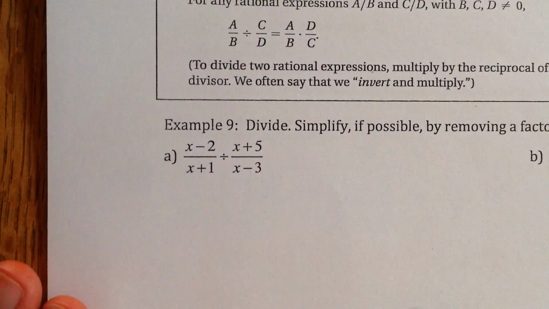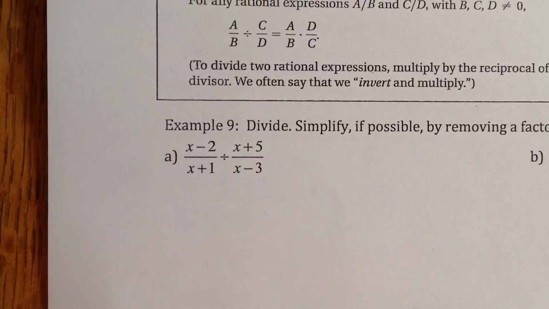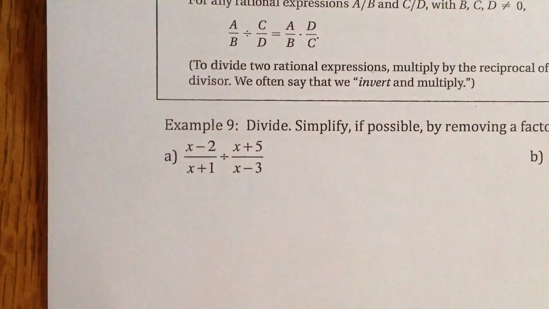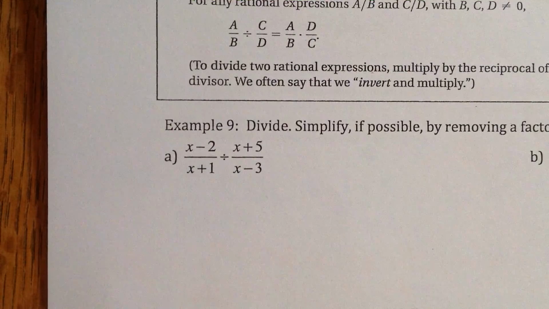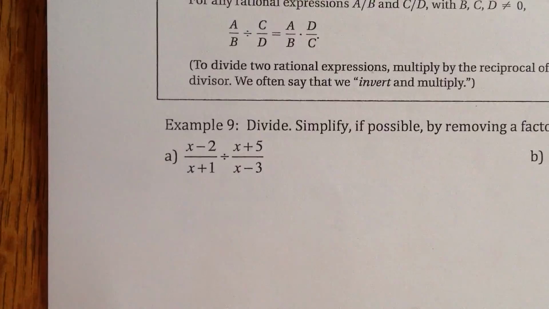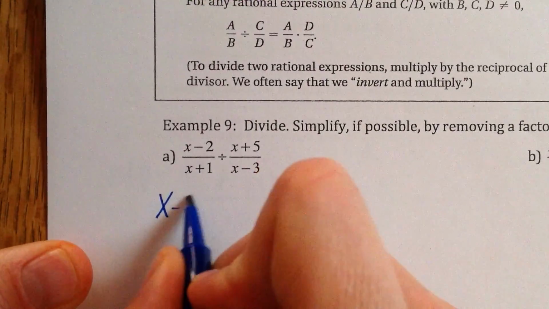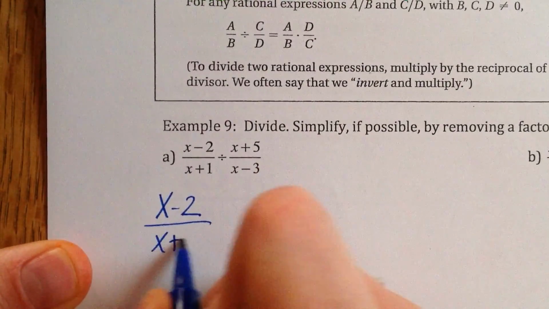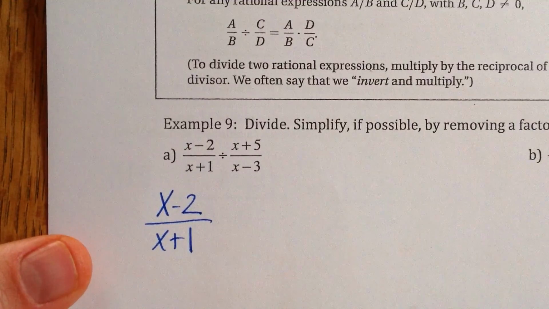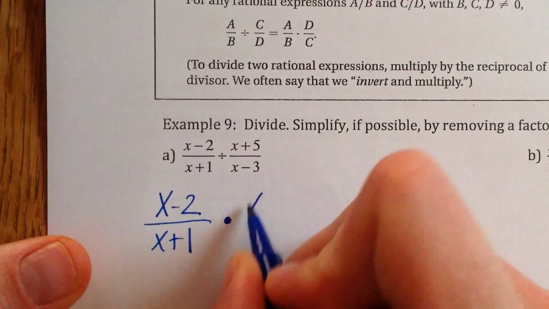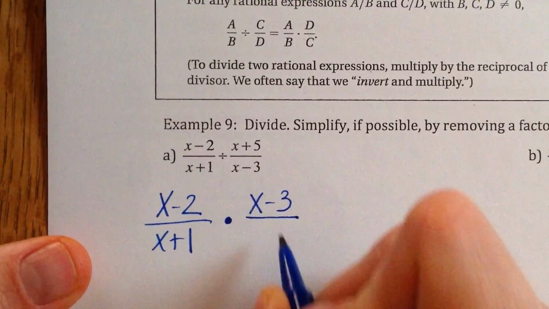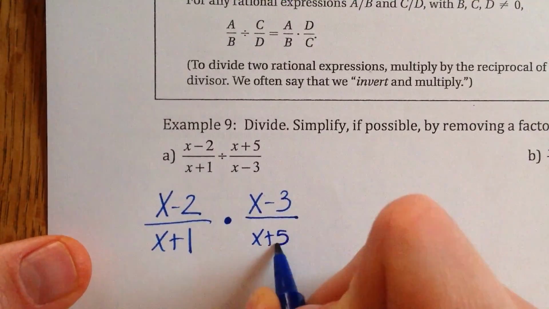Now we're dividing. Okay, we're going to treat division through multiplication. Dividing by your rational expressions is the same thing as multiplying by the reciprocal. So x minus 2 over x plus 1, instead of dividing it by x plus 5 over x minus 3, we're going to multiply by the reciprocal, x minus 3 over x plus 5.